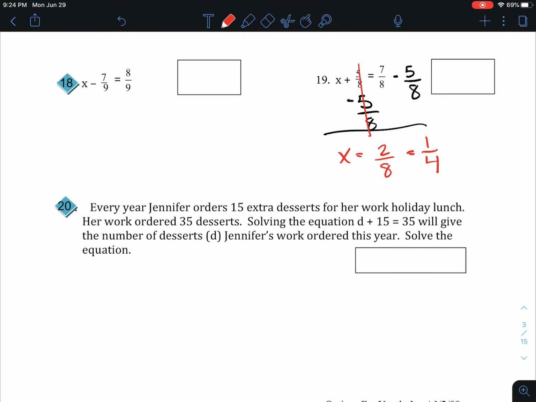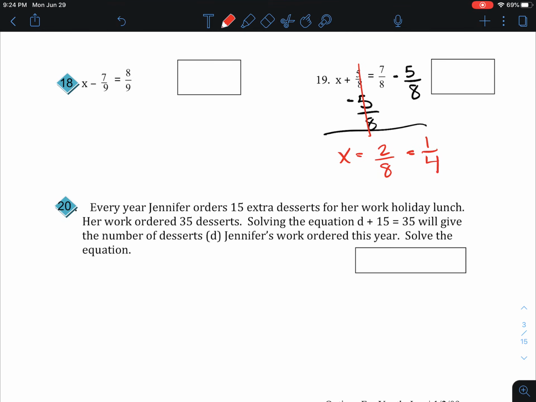Number 11 I'll do, so you guys can do number 12. For number 11, we have 2 negatives next to each other. Anytime we have 2 negatives next to each other, we have to remember that that turns into a positive. So this is really x plus 62 equals negative 54. From there, we subtract 62 from both sides.